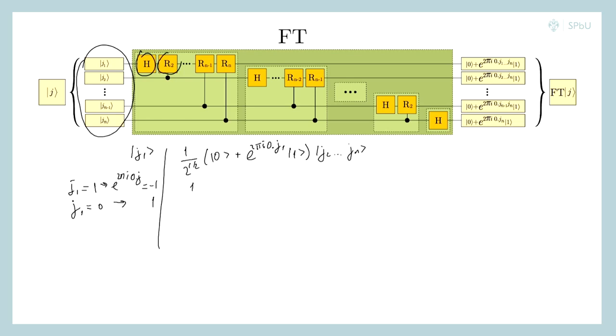The system will be in the state 1 over 2 to the power of 1/2, state |0> plus e to the power of 2 pi i 0.J1 J2 on the state |1>, and other qubits again are not changing.